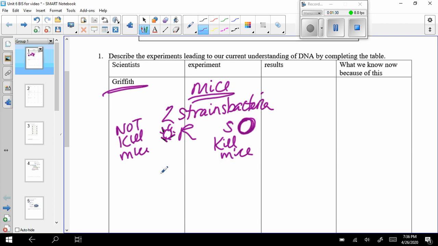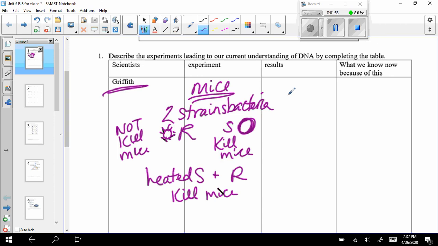And the really unique one that was so strange is that he heated the S and put that with the living R, and it ended up killing the mice. That is not expected at all, because the R shouldn't kill the mice, and if you heated up the S, you're killing the S. So what the heck killed the mice?